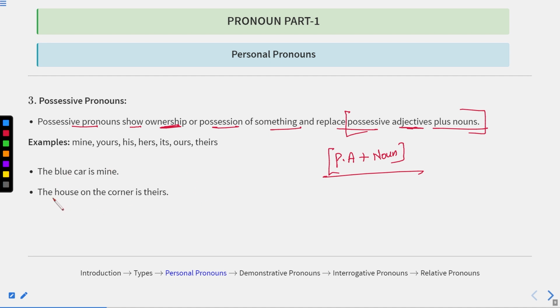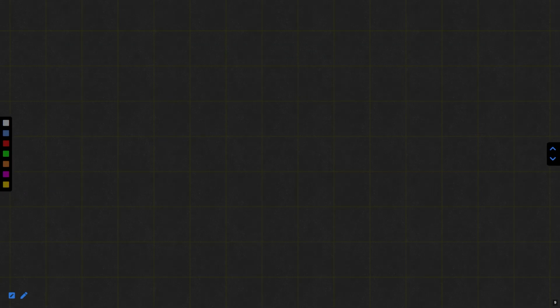If I say, this is my car. Now, in this sentence, we can see that car is a noun, and we know very well that a noun can be modified or indicated by an adjective only.